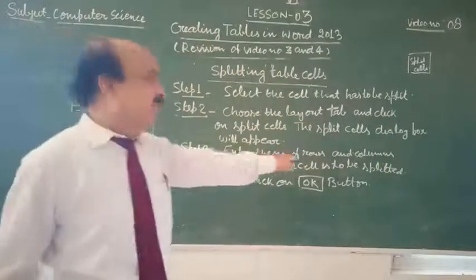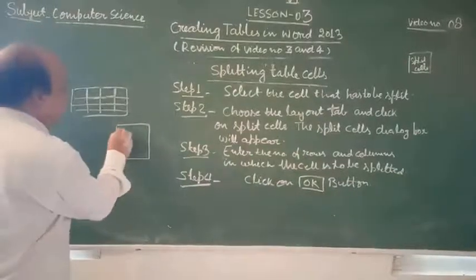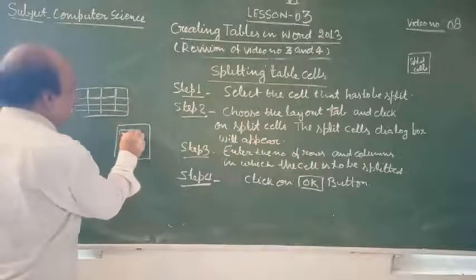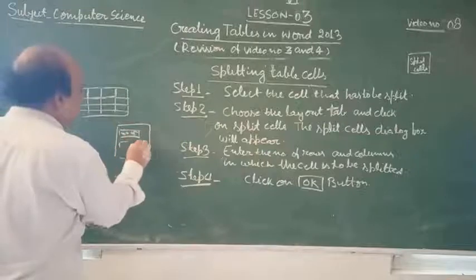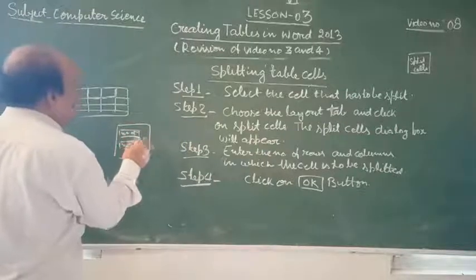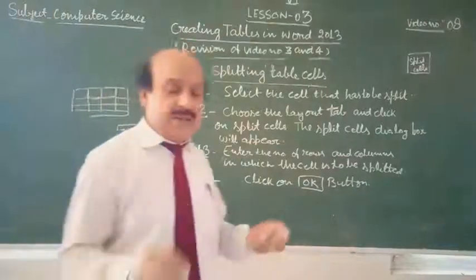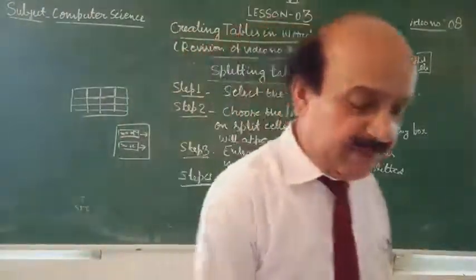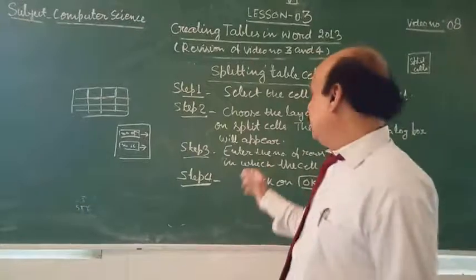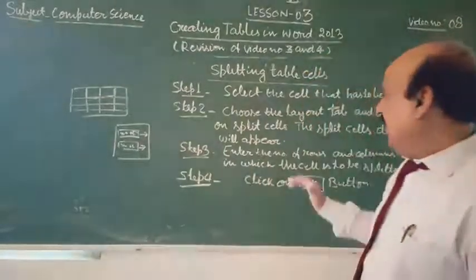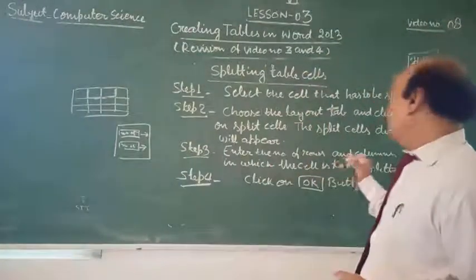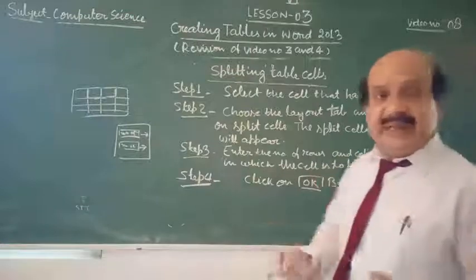Enter the number of rows and columns. You will input the number of rows and number of columns, which means the rows and columns in which the cell is to be split.